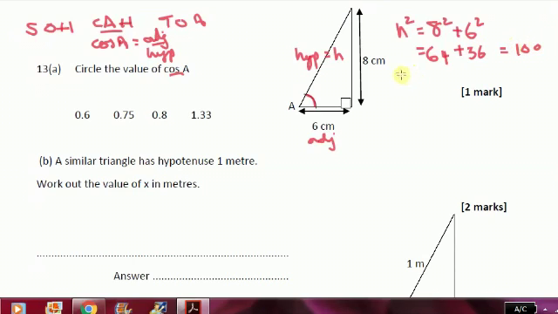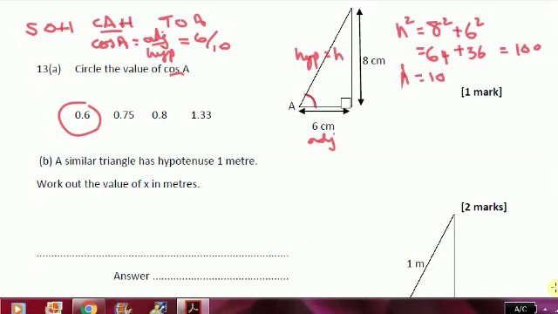So if h squared is 100, h is the square root of that, which is 10. So h is 10. So adjacent is 6 over the hypotenuse is 10, we've just worked out. 6 over 10 as a decimal is 0.6.